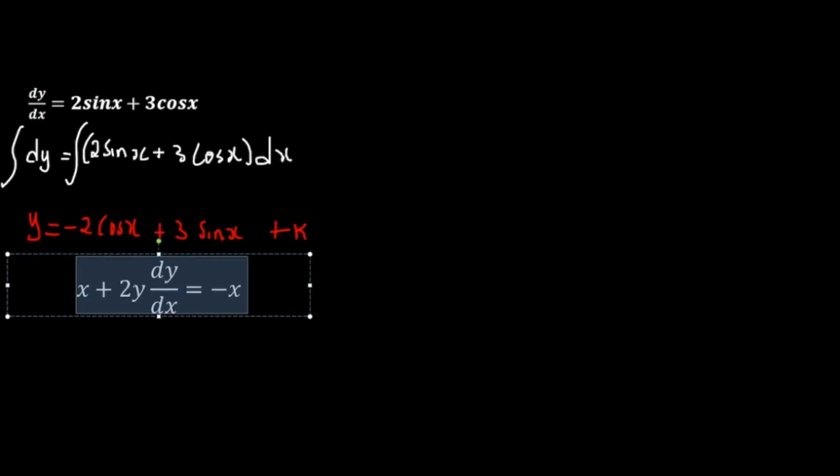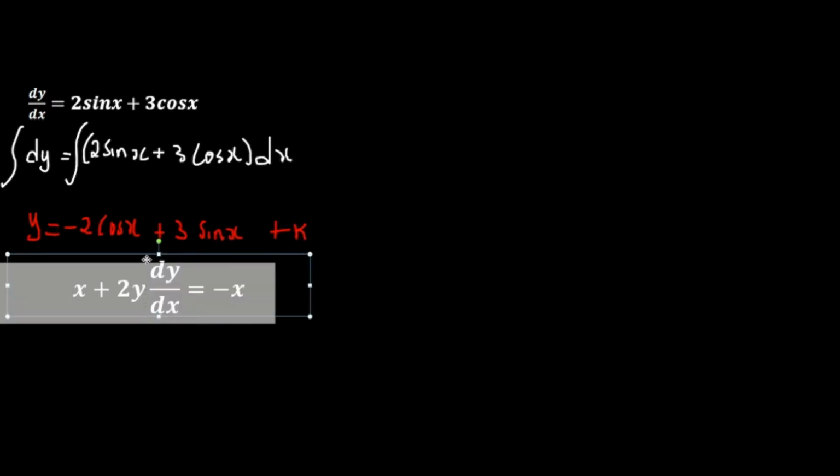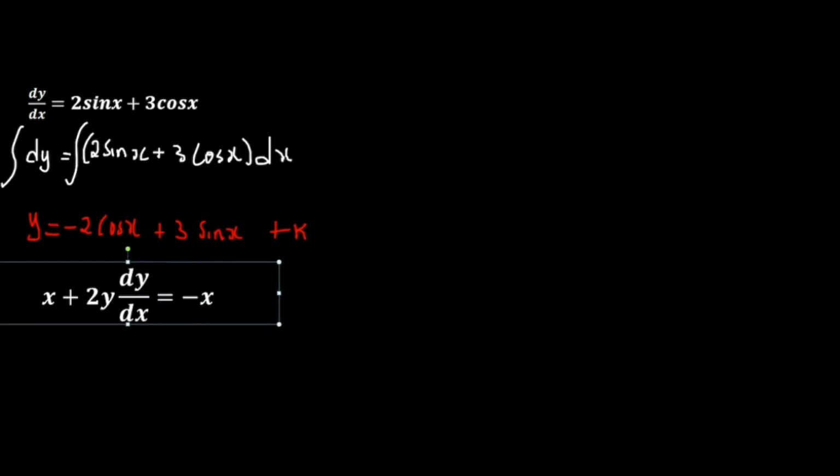Okay, now here's our second question, and to solve this we have been given x times 2y dy over dx equals minus x. So to separate our variables, we simply send x the other way.